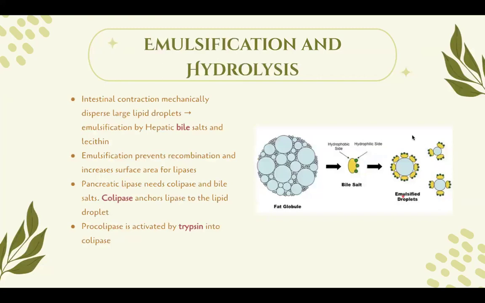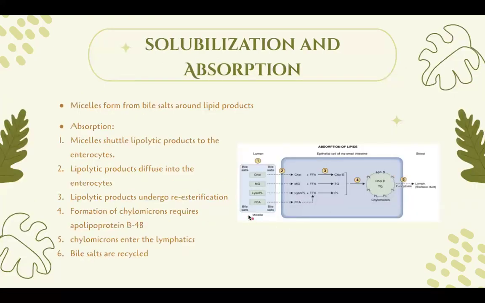So this process is emulsification, in order to digest. This process is solubilization by the micelles, by bile salts forming micelles. And the purpose of solubilization and forming micelles is to gather all these lipid products that we got by digestion and transport them to the actual surface of the intestinal lining, to the enterocytes, so that they can be absorbed.